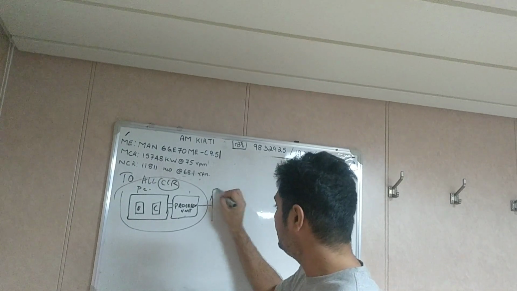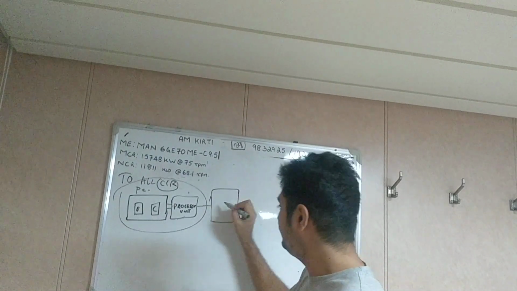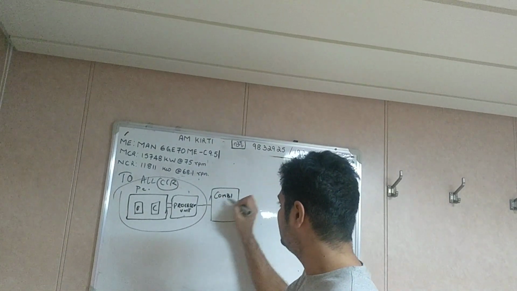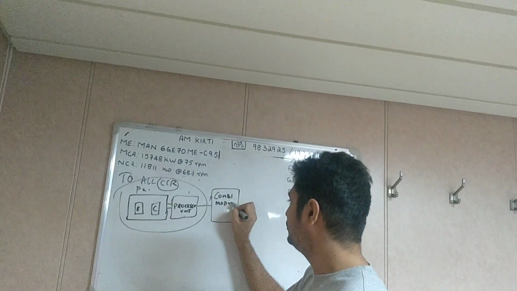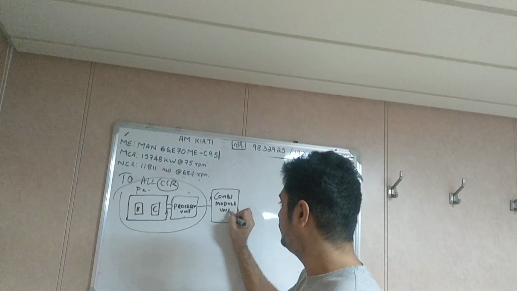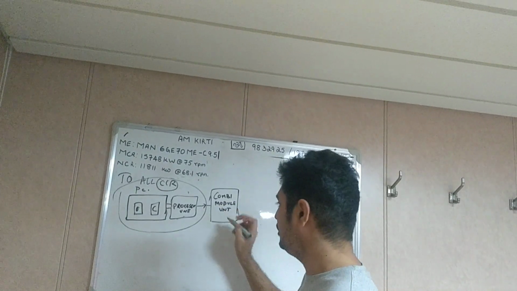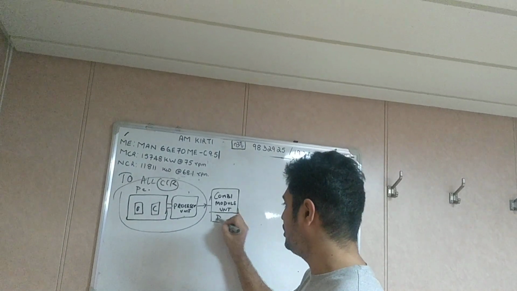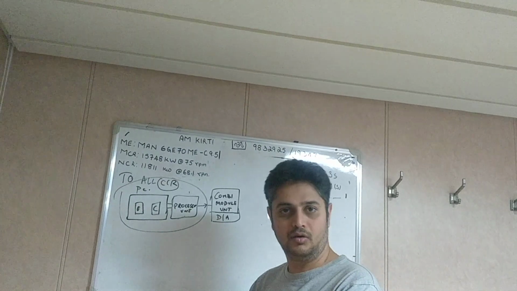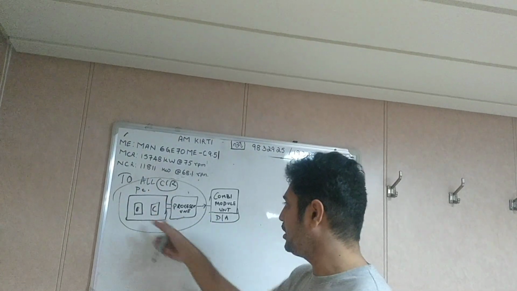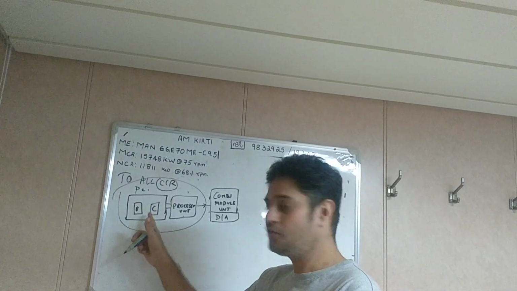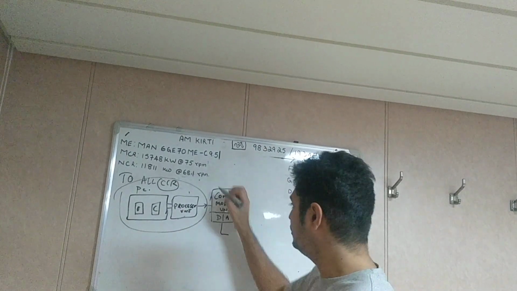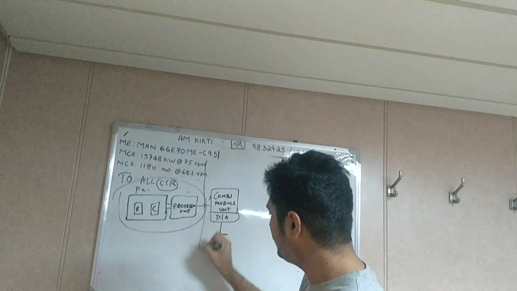Basically here you will have something called a combi module unit, where it receives the signal from here, and then here you have a digital to analog converter, provided you are operating from a PC.